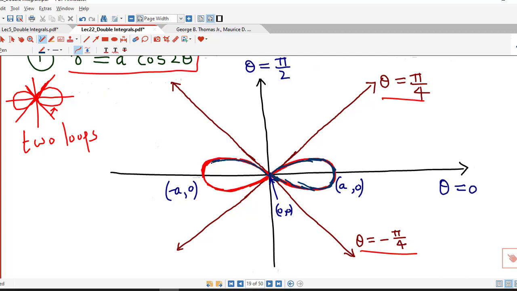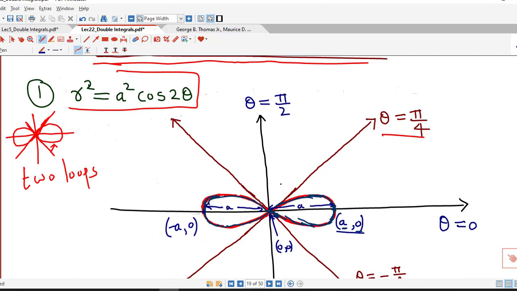loop. Now the distance of the last point on the loop from the origin is a. So this point has coordinates ordered pair (a, 0) and this point has coordinates (minus a, 0), because this distance is a on both sides.